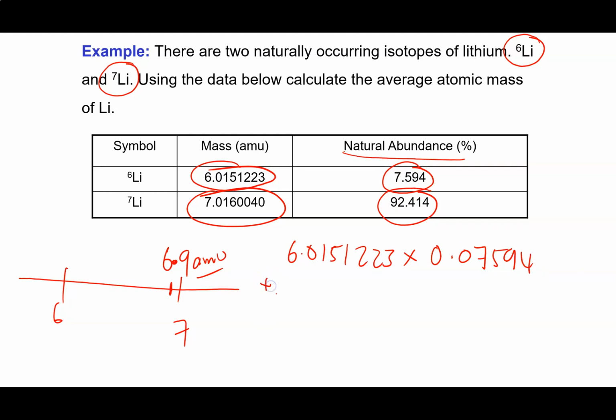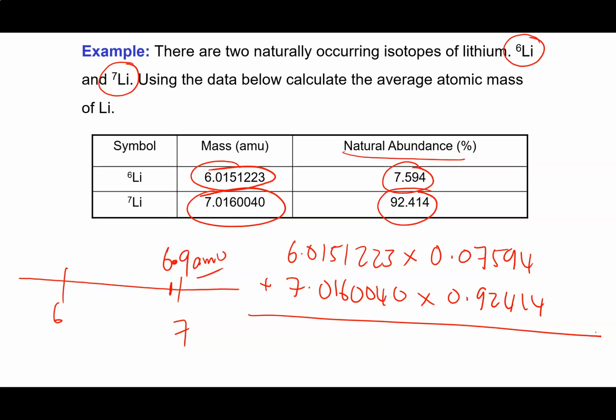And then I've got to add to that the same for the second isotope. And I do that, and I'm expecting about 6.9, right?